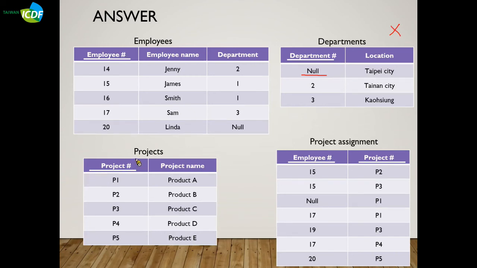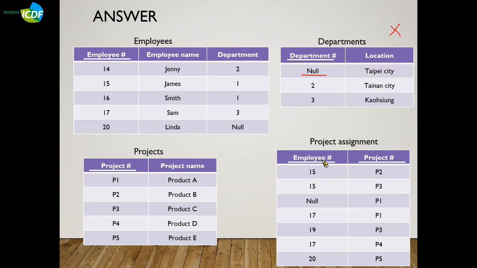And the project table: the primary key is project number. The primary key values of all tuples are non-null, so it satisfies the rule check. Finally, the project assignment table.